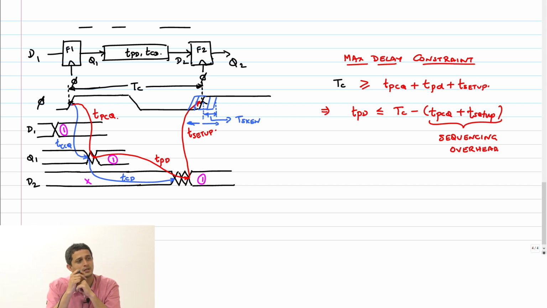Then what is the thing that gets altered in this diagram? T setup becomes with respect to what? The skewed clock, right?